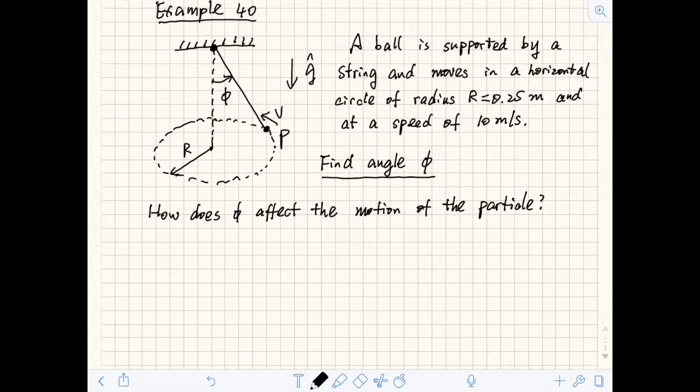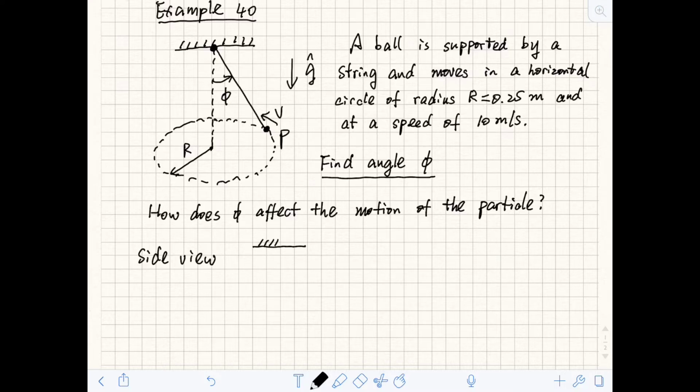So let's decompose and draw a free body diagram for this object. We're looking at the side view of this figure.